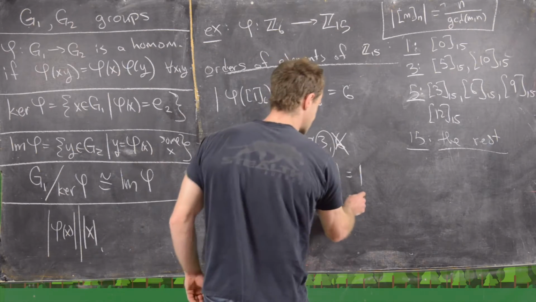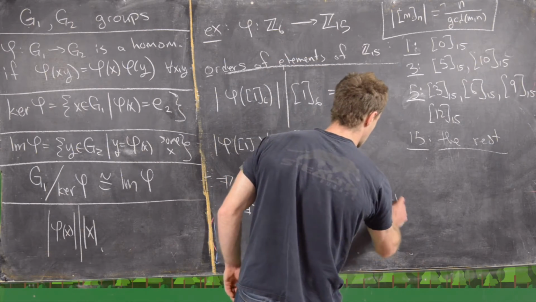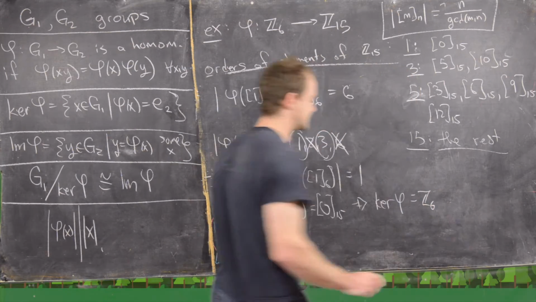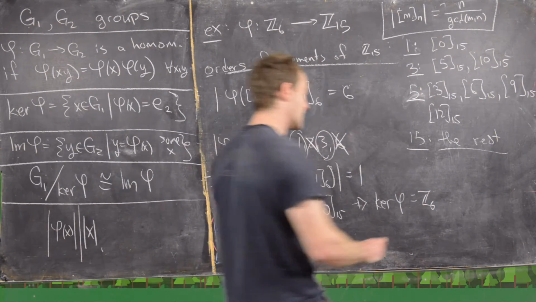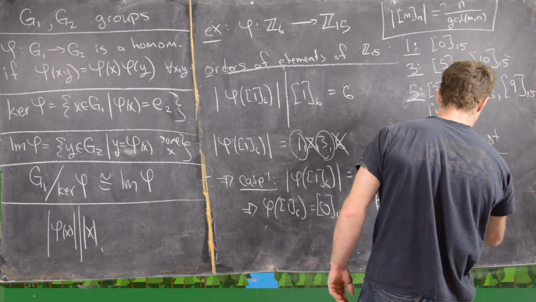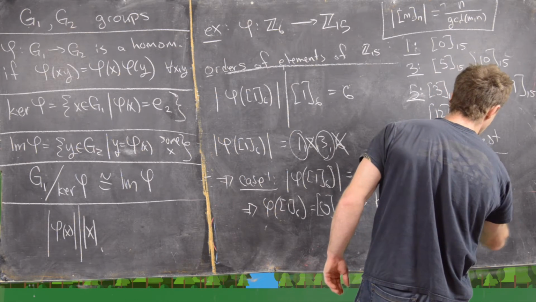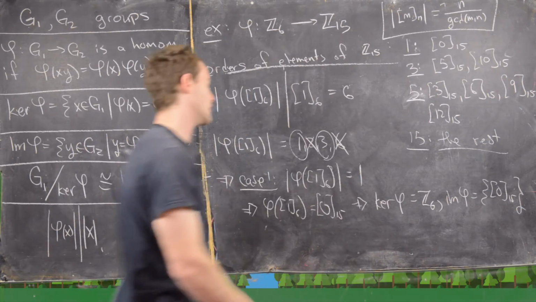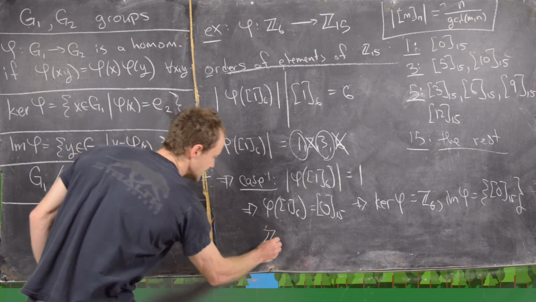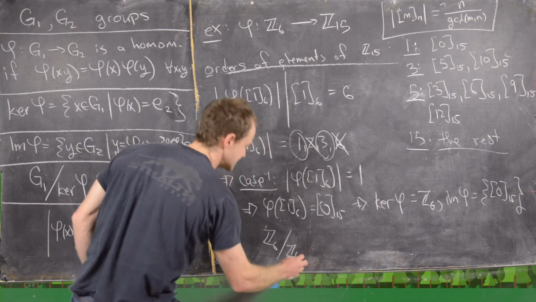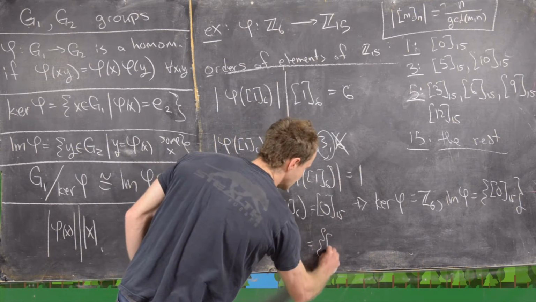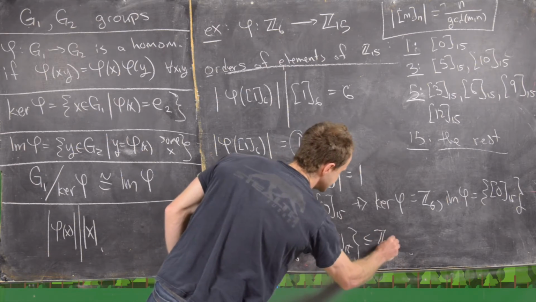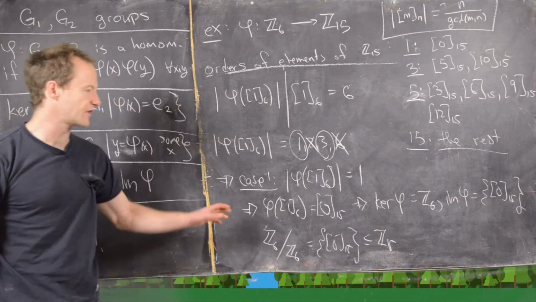But what that tells us is that the kernel of phi is everything, so it's all of Z6. And the image of phi is equal to only the identity. So this is pretty boring. What we ended up with here is that Z6 mod Z6 is equal to the trivial group that is lying within Z15. So there's nothing really going on there.